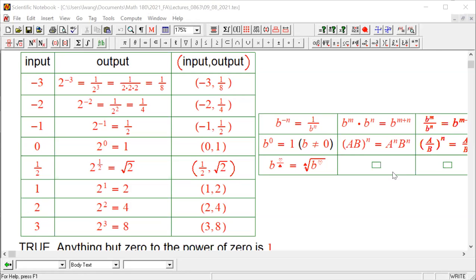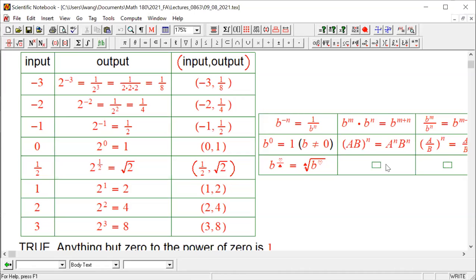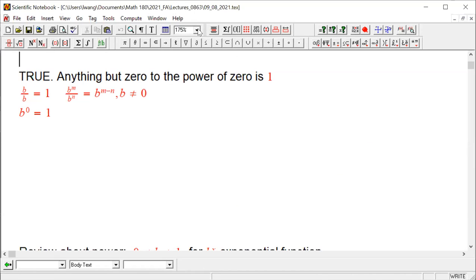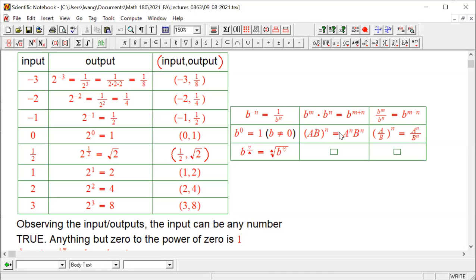I'm going to write down the question. Observing the input and output: the input can be any real number, positive, zero, negative.